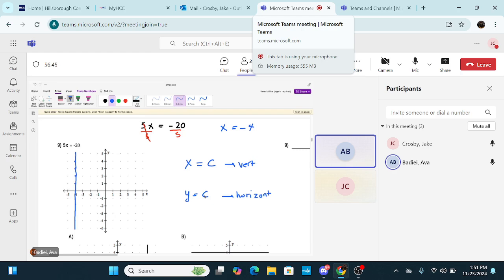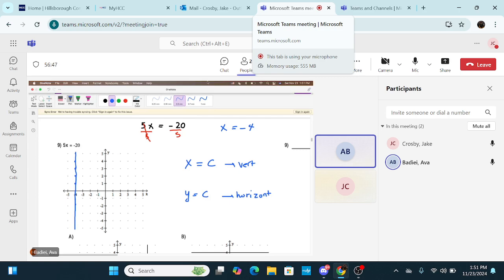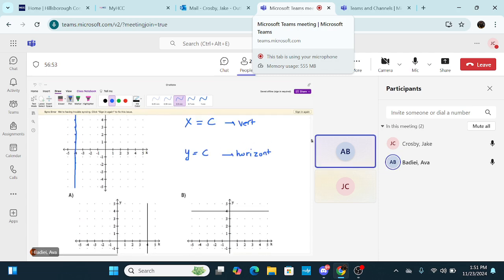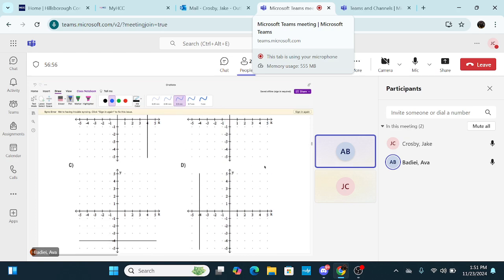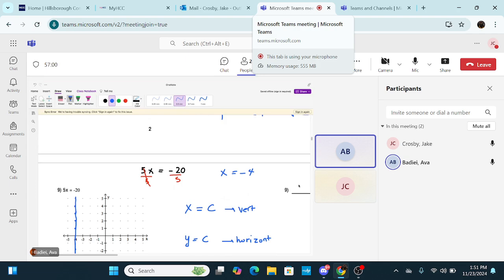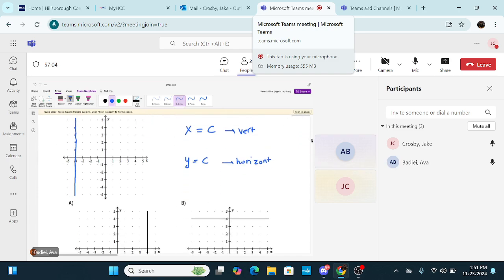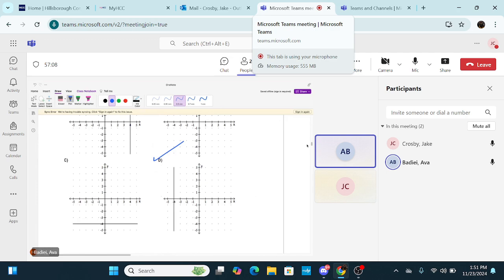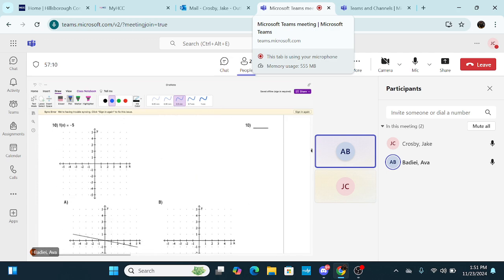Okay. So for this one, this is going to be this choice. All right, let's see what else.